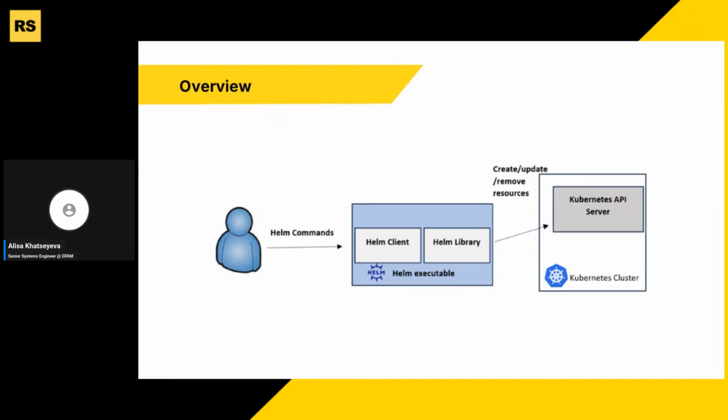The Helm library refers to the ability to use Helm as a Go library in other software projects, enabling developers to integrate Helm capabilities into their own applications. The two components create and update the resources while communicating with the Kubernetes API server.